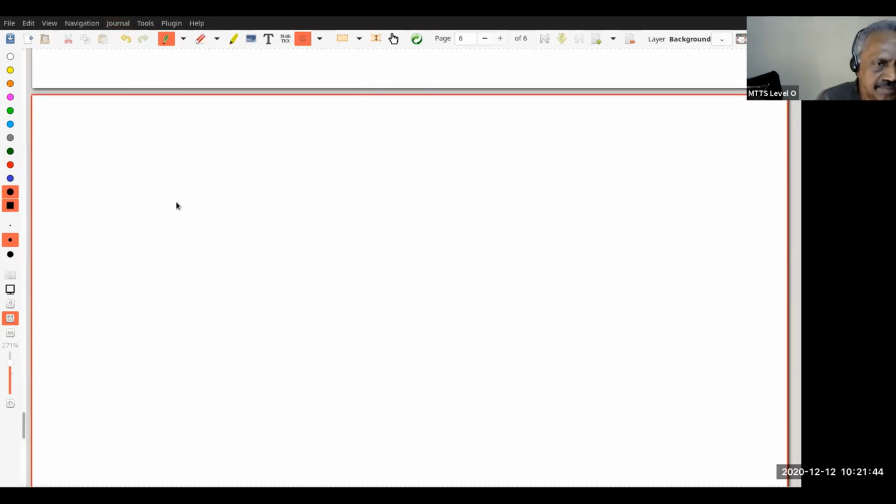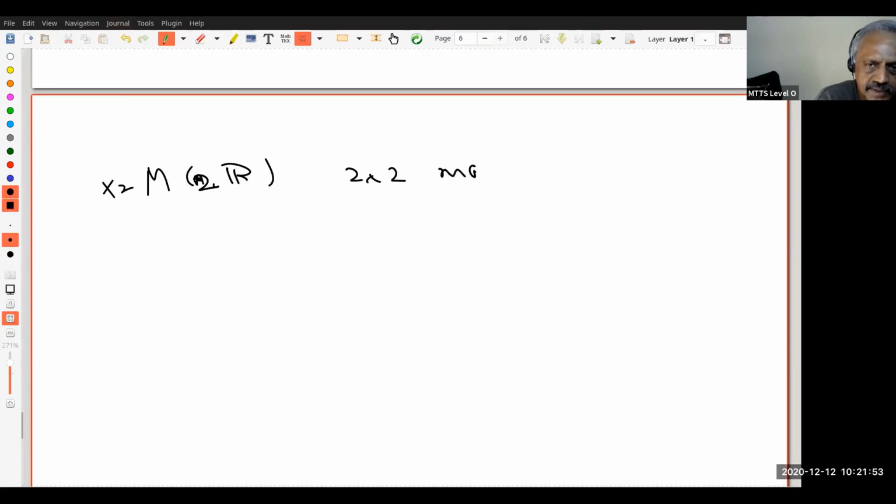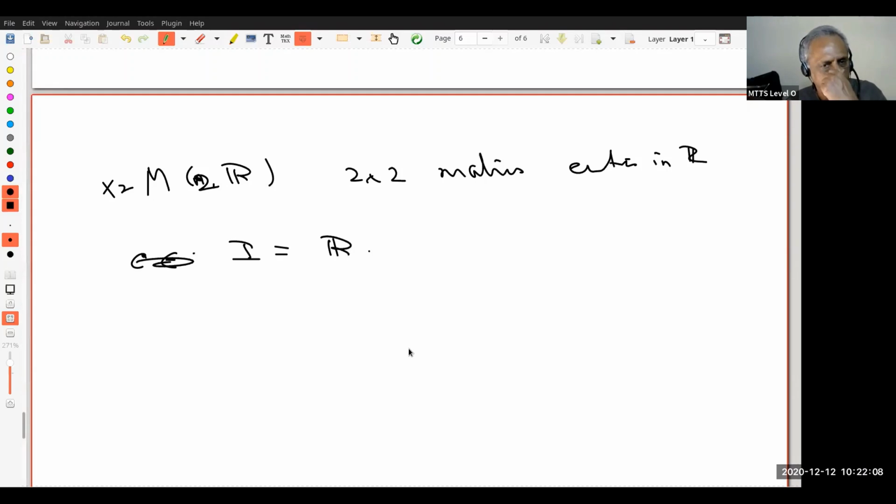So one slightly abstract example again. Let us look at X equal to M2(R), that is 2 by 2 matrices with entries in R, right? For any C real, now my I equal to R. You understand that?